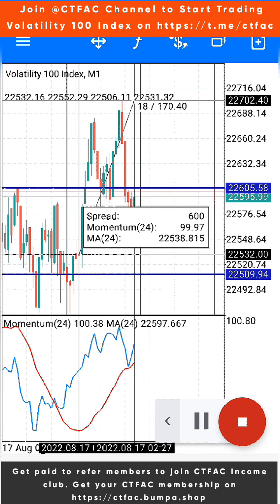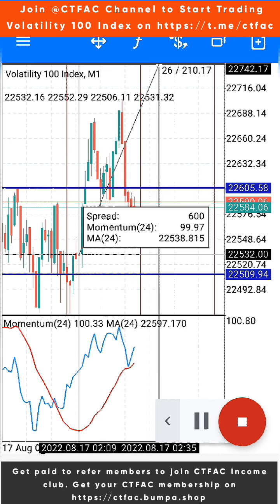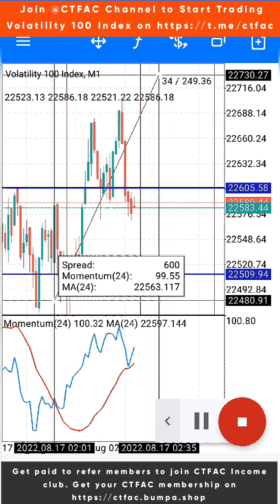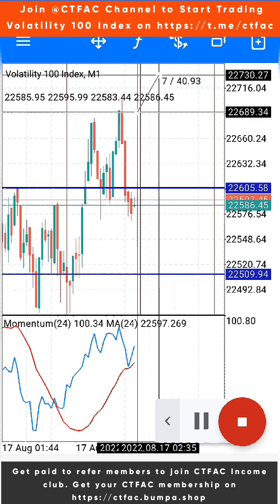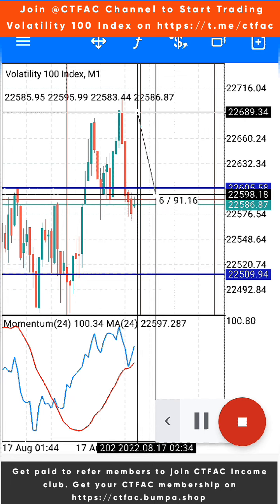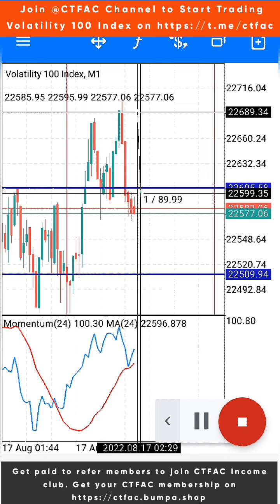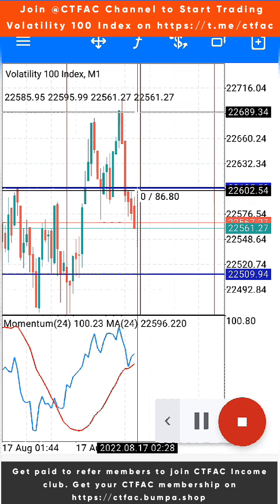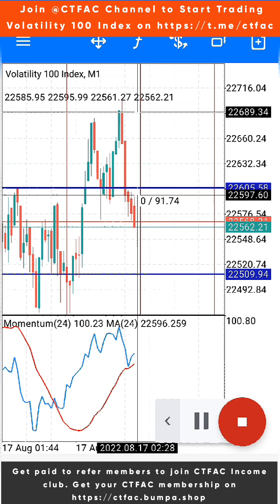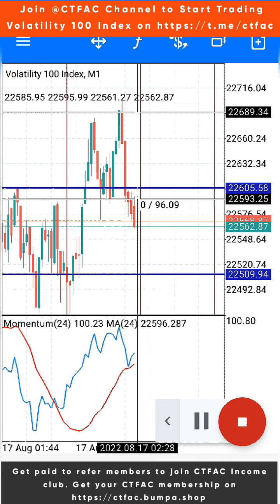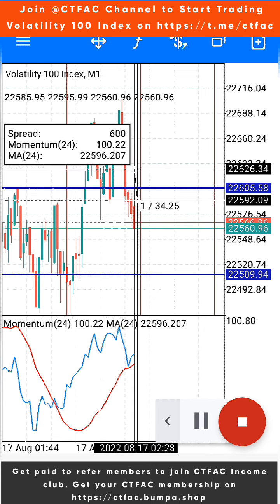Then you enter on a bearish bias, and set a 100 pips TP and 50 pips SL. The second spot to enter is when the market completes the expansion move and returns to break the average price. You enter on a bearish bias below the average price and place your SL 50 pips and TP 100 pips.